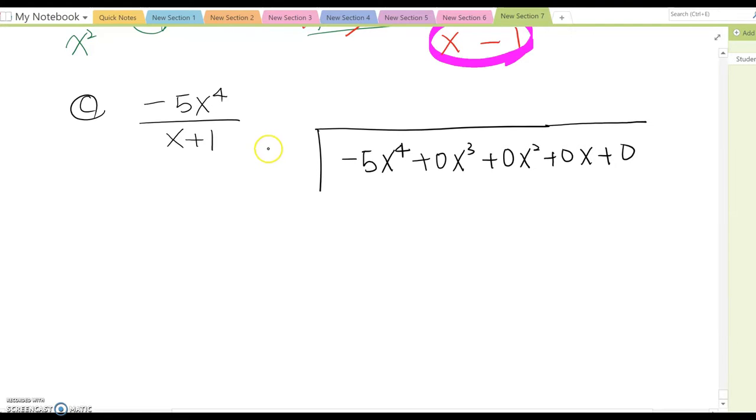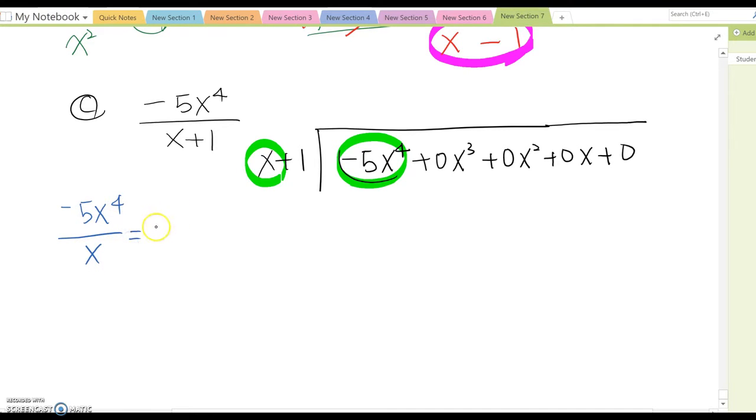So now we can put x plus 1 here. Same way as we have done before, we only compare the leading terms. Negative 5x fourth divided by x, and our quotient becomes negative 5x cubed.